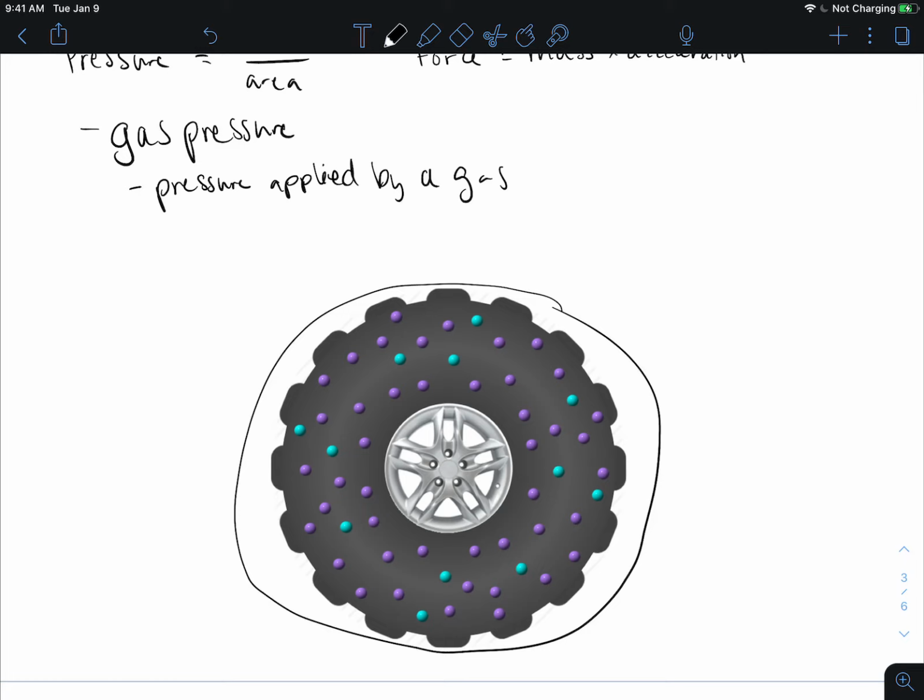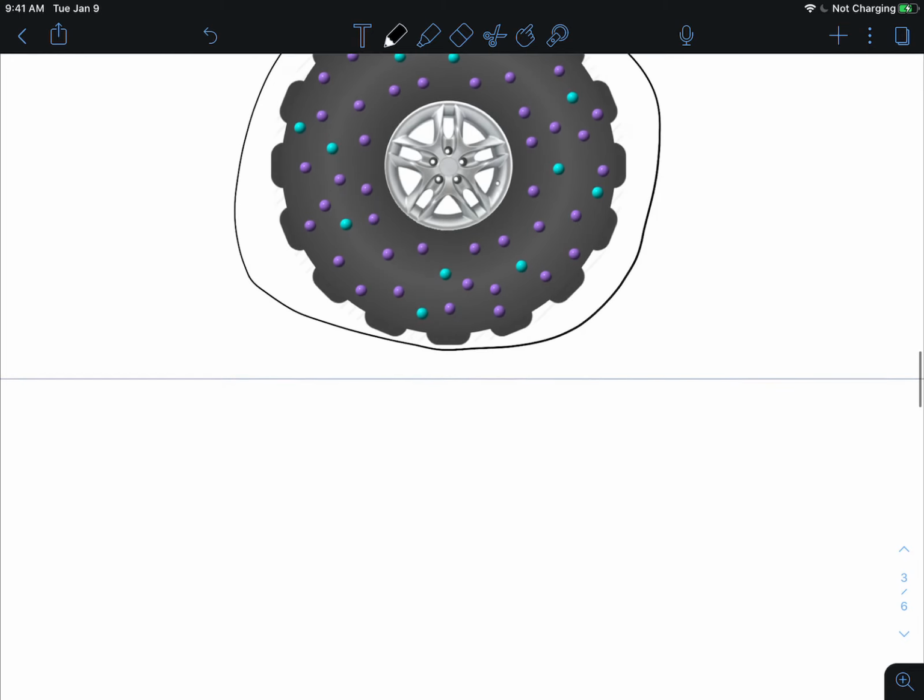It's going to cause that force to go up. So it's going to cause that pressure to go up. So heating a gas or increasing the amount of particles within a given volume, both of those will increase the pressure of our gas. We can look at gas pressure a couple of ways or measure it.